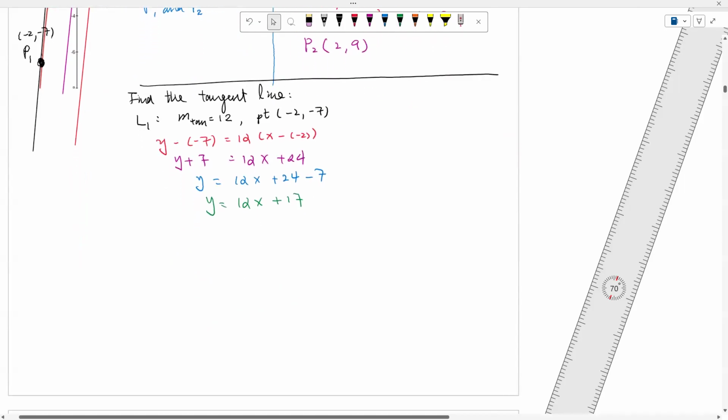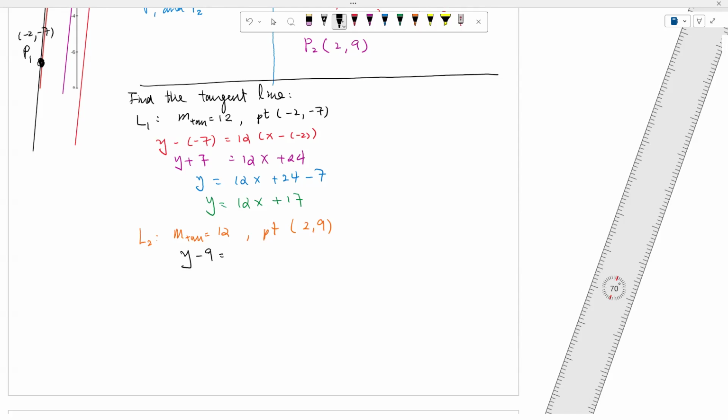Okay. Use the same technique, I will be able to find L sub 2. The slope of the tangent is 12, and the point is (2, 9). Again, use the point slope form. Okay.